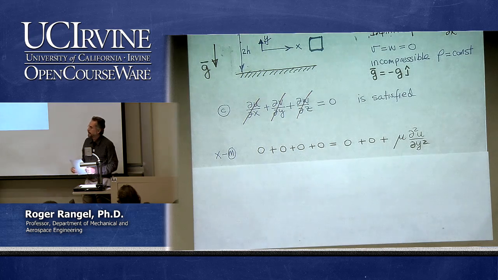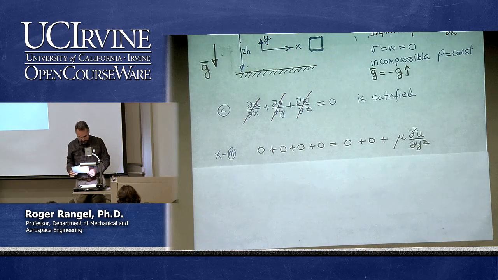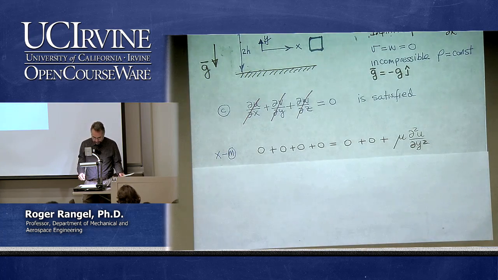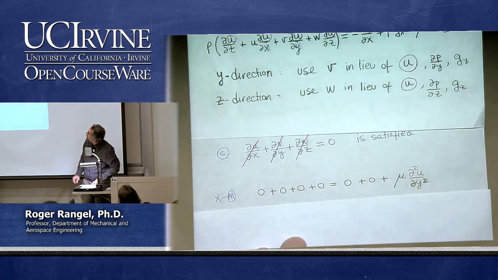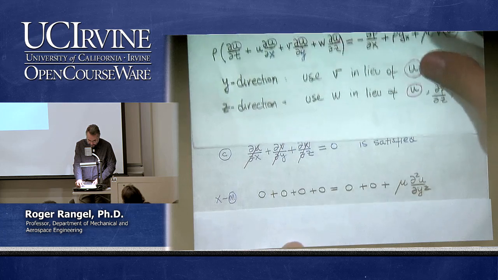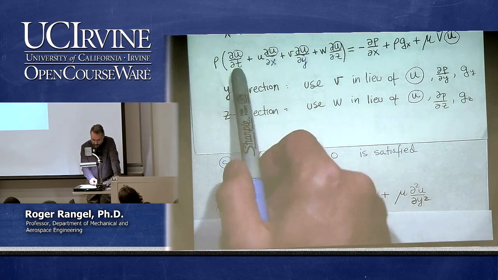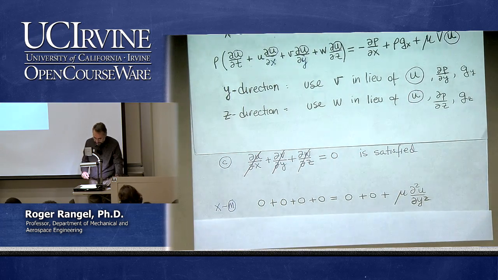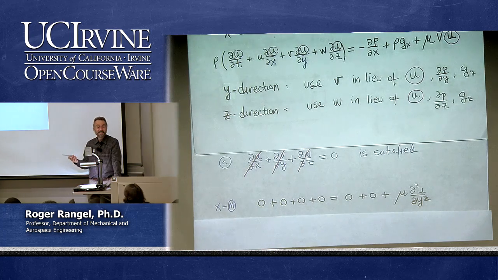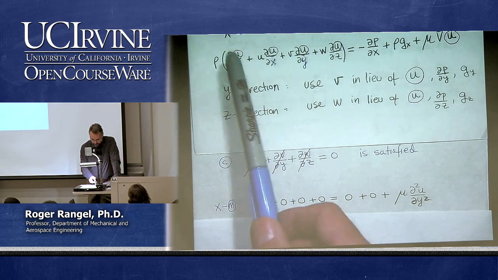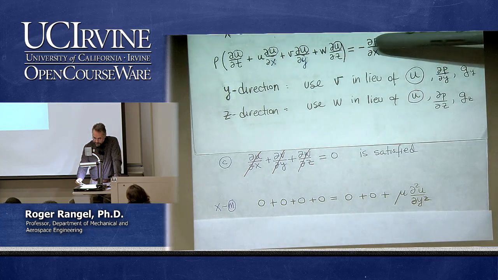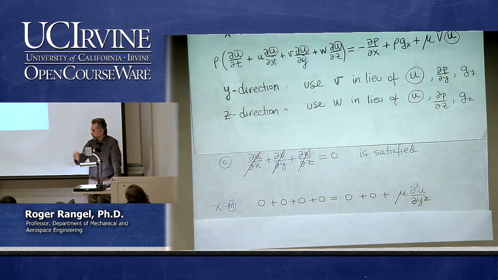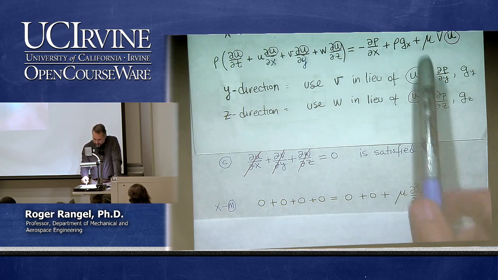What about the equation in the y direction? Remember, the equation in the y direction looks just like this one, but instead of a u inside the red circles, I would have a v, right? But v is 0. So these 4 terms are 0 on the left-hand side. Then here I have partial p partial y. That's the variation of pressure in the y direction.